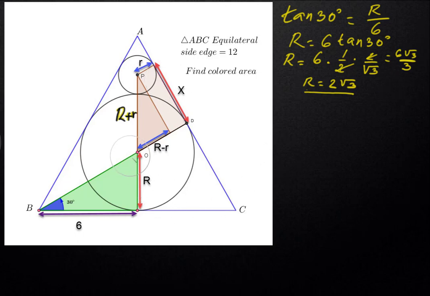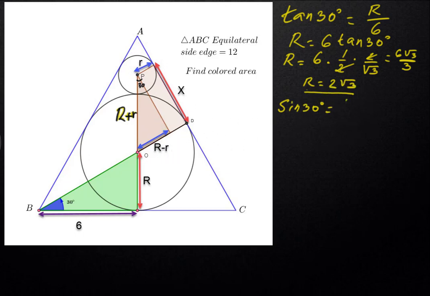So we can use that information and find a relationship between R plus r and R minus r. If we have the angle of 30 degrees here, of course sine of 30 degrees is R minus r over R plus r. That is one formula we can use here.